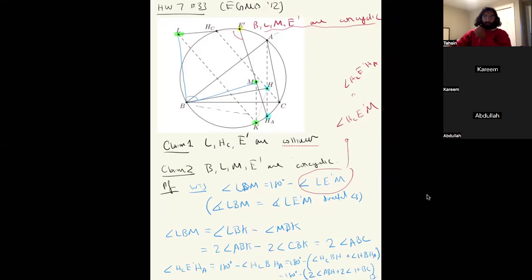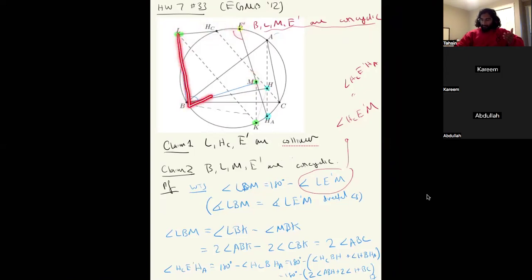Do you guys understand the question that I'm asking? So I'm asking a strategy level question, which is, how do you know to construct HC? One way you can arrive at constructing HC is you can say, look, I want to show that these four points are concyclic.